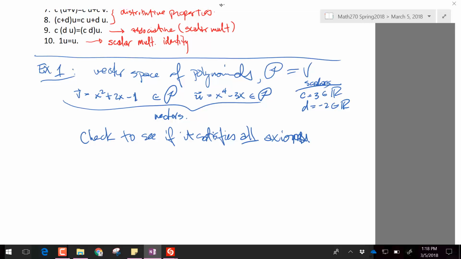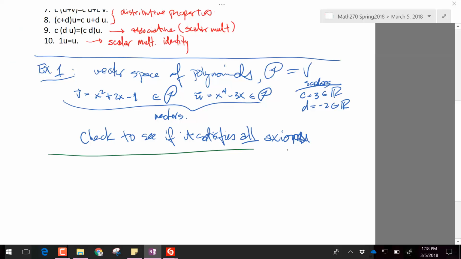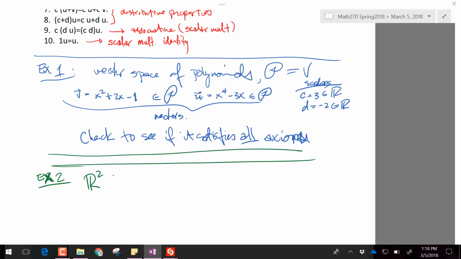So let's do the vector space that we're all familiar with. R2 is a vector space. We know that, right? So the vectors in R2 look like the vectors that we've been messing around with.